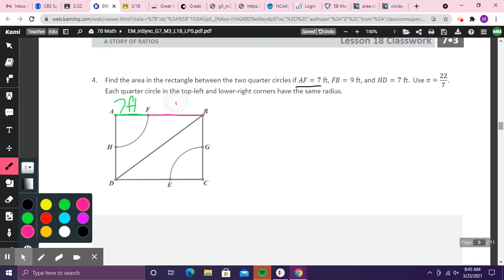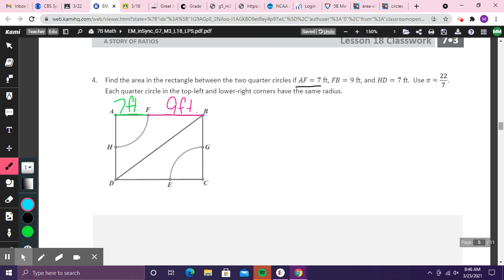Pretty good line drawing here. And HD is 7 feet. HD is also 7 feet.